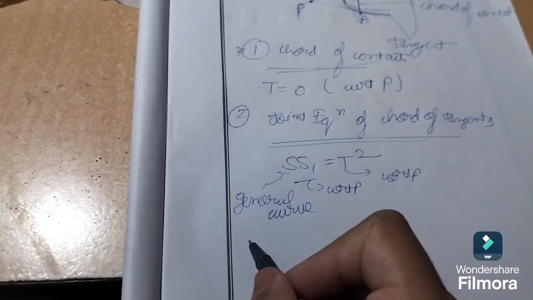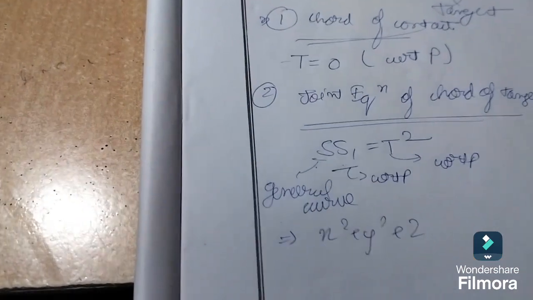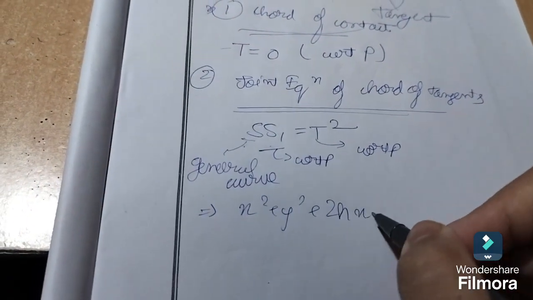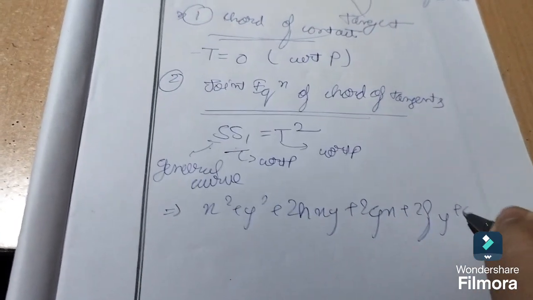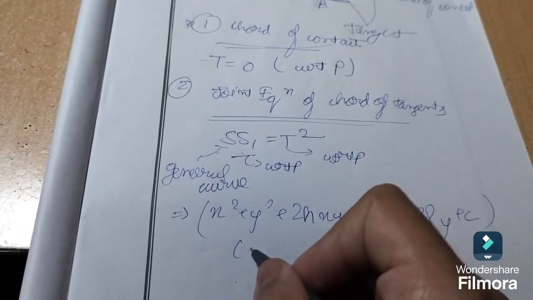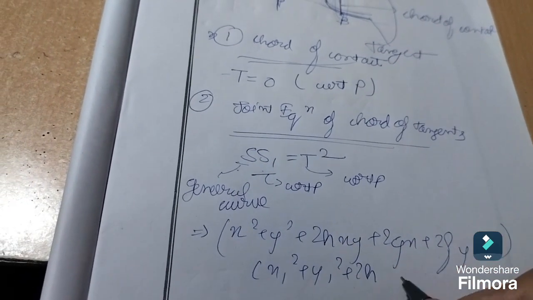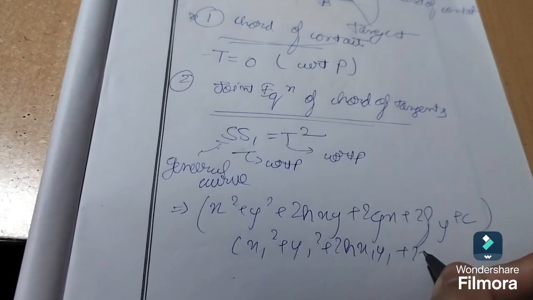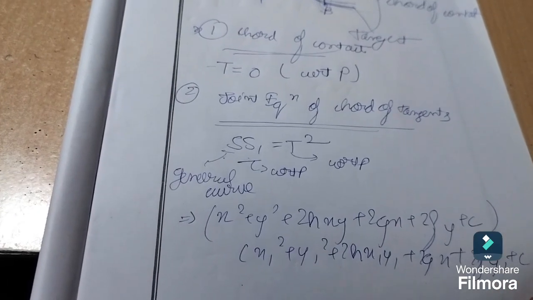What is the general form, how can I write it? It is x square plus y square plus 2hxy plus 2gx plus 2fy plus c, times x1 square plus y1 square plus 2hx1y1 plus 2gx1 plus 2fy1 plus c is equal to T square.